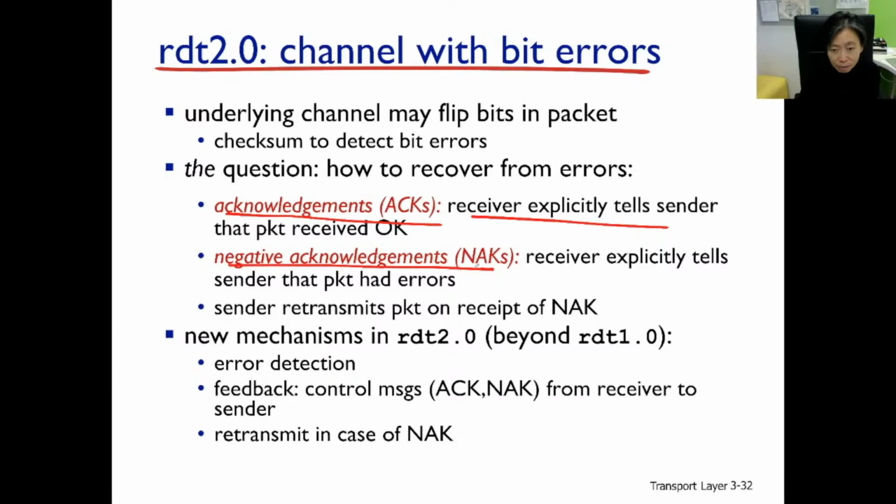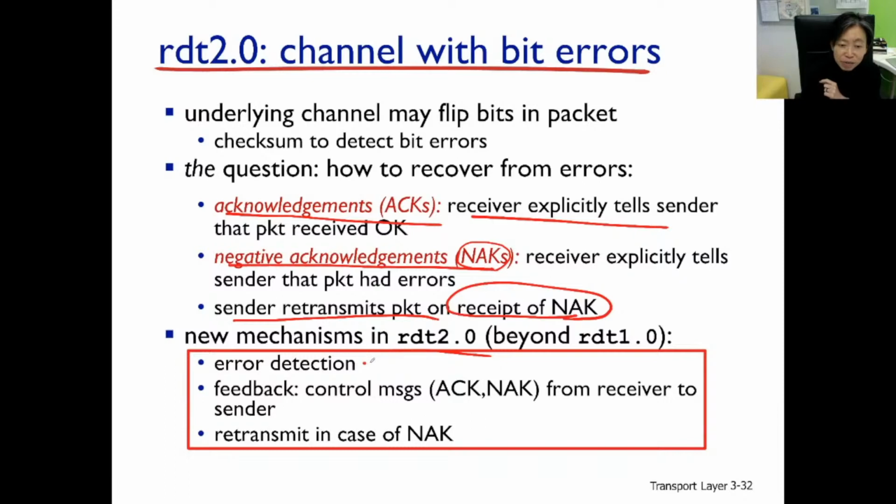And NAKs are to tell the sender something's wrong, and therefore the sender can retransmit the packet. Okay, so retransmission of the packet is triggered by the receiving of NAK. This is exactly what's defined in RDT 2.0. So let me stress, there's first, detecting error, second, sending back of the feedback from the receiver, and then retransmission of the packet coming from the sender in case negative acknowledgement is received.